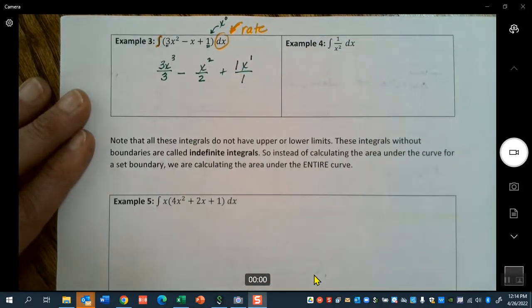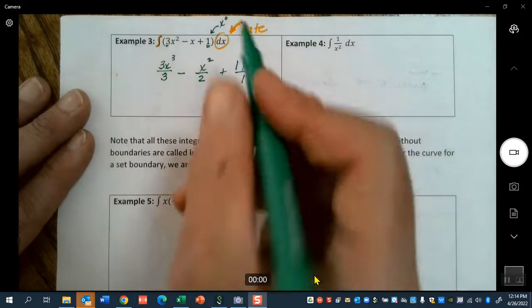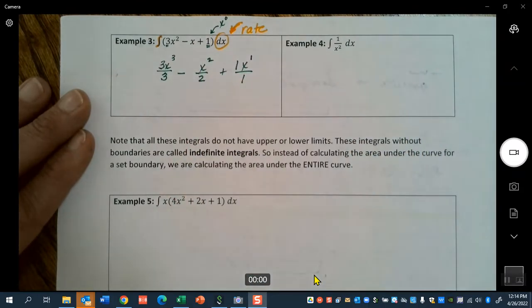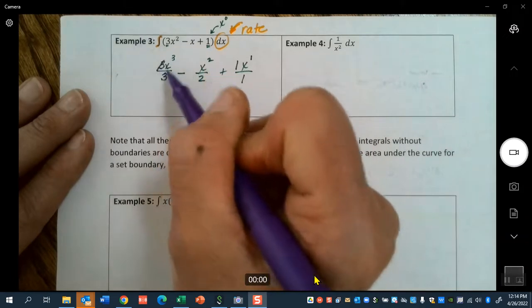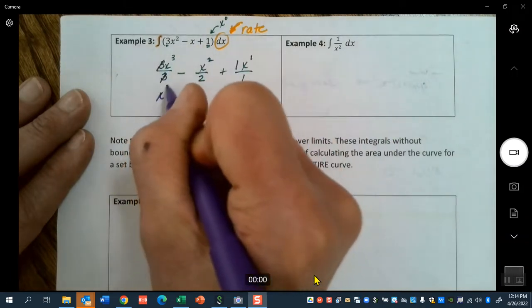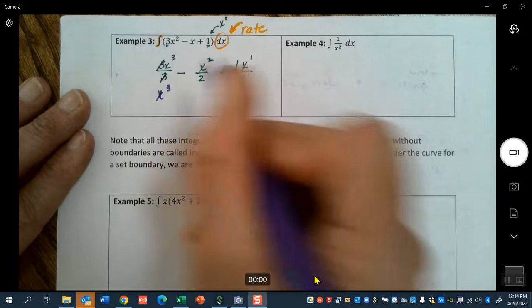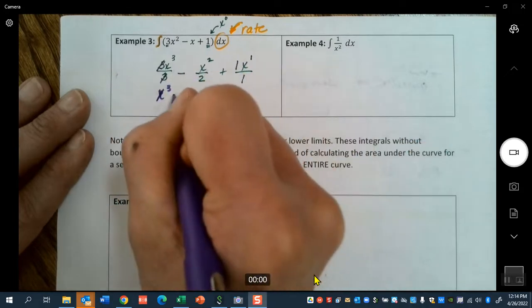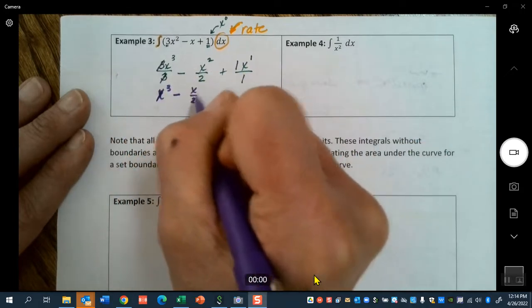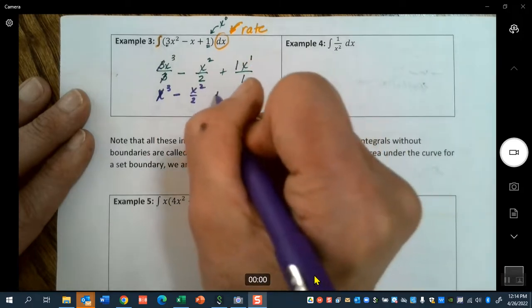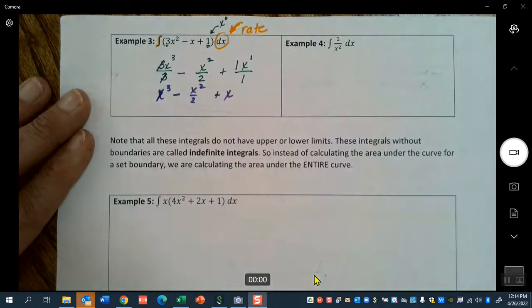So what I need to remember is, now it's time for me to simplify. So these 3's cancel out, and I have x to the 3rd power, x cubed, minus x squared over 2, and then this becomes just simply plus x.